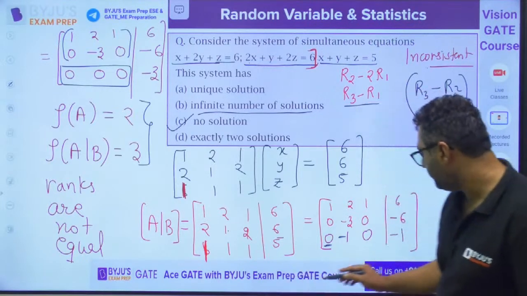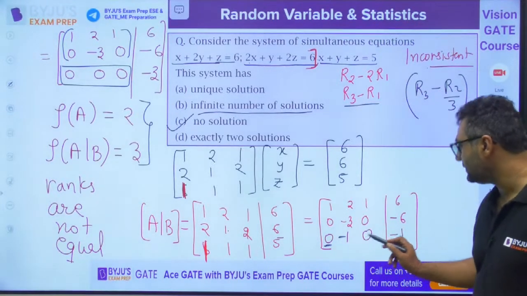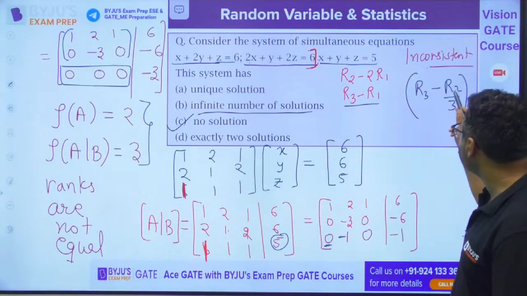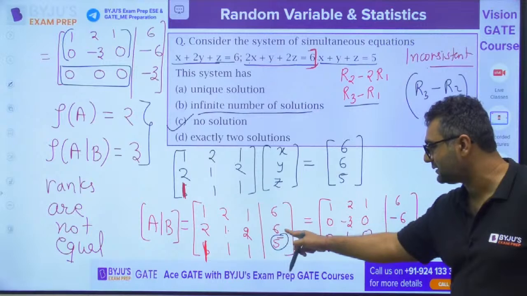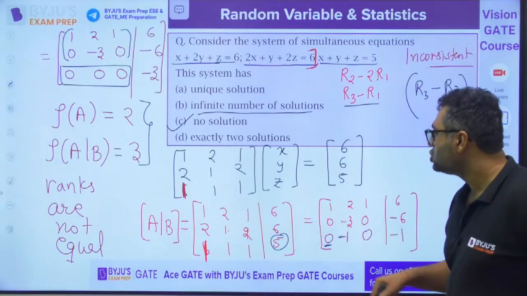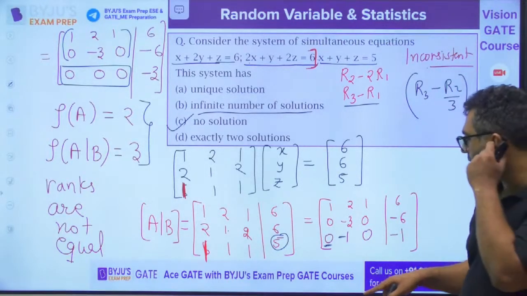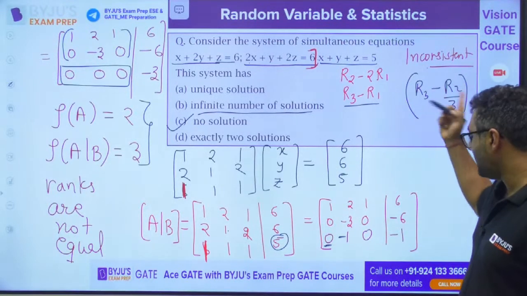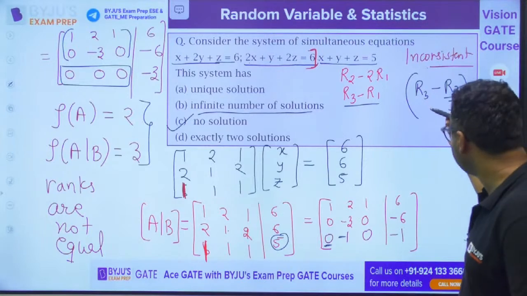We were having 0, minus 1, 0, here we were having 5, and we are subtracting R2 by 3. R2 is 6, and 6 by 3 is 2. So R3 becomes 5 minus 2.